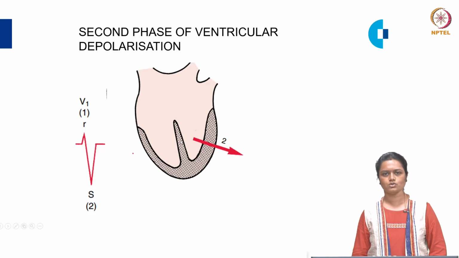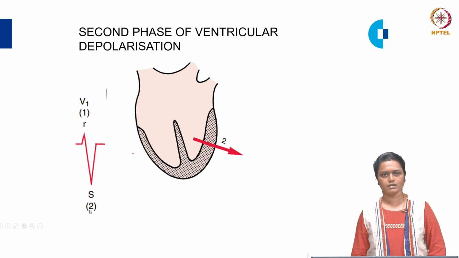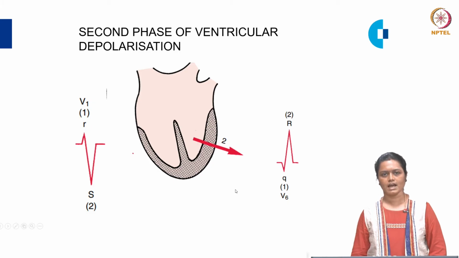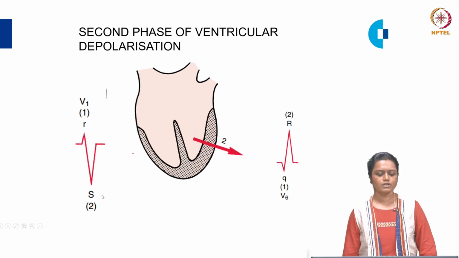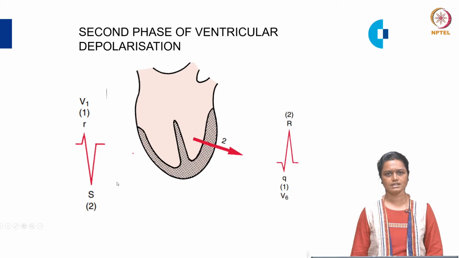As the second phase of the depolarization wave moves away from it, you have a negative deflection, labeled as S wave because it follows the R wave. In the left-sided chest lead V6, as the depolarization wave moves towards it, you have a positive deflection, labeled as R wave. This is the morphology of the QRS complex in the chest leads.